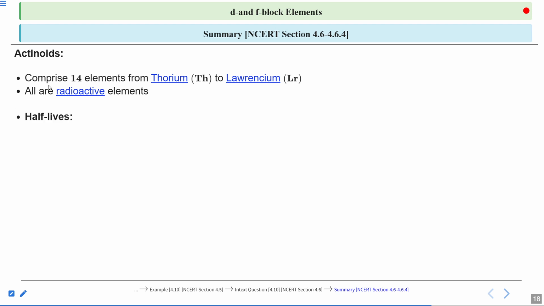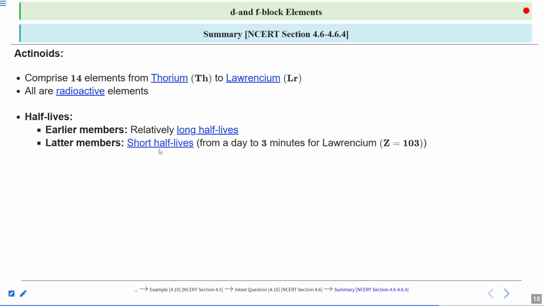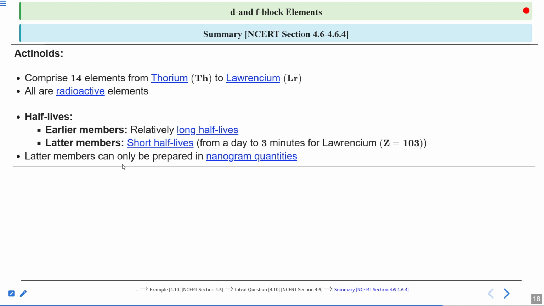We have talked about their half-lives and said that earlier members in the actinoid series have relatively longer half-lives than the later members. Later members have shorter half-lives, from a day to 3 minutes for lawrencium, whose atomic number is 103. The later members can only be prepared in nanogram quantities.